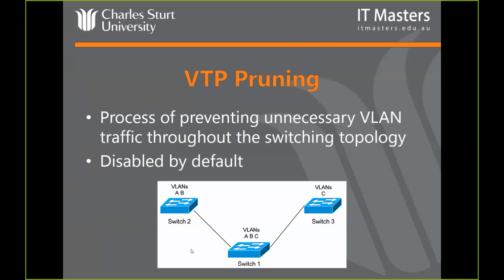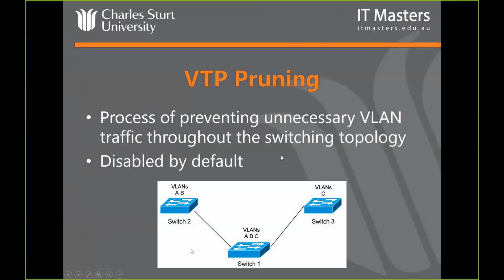The concept of VTP pruning, which is disabled by default, is basically that it won't allow VLAN traffic across a switch link if that VLAN doesn't exist on the destination switch.